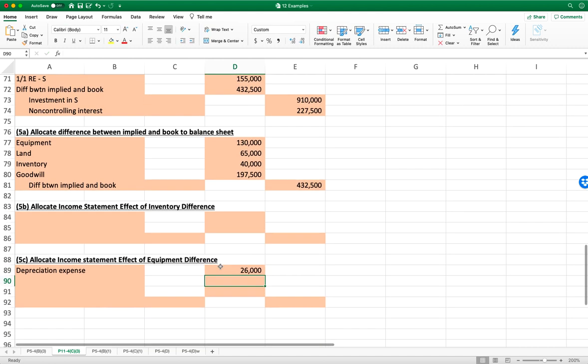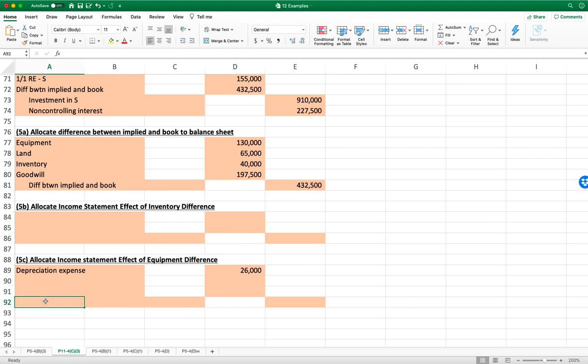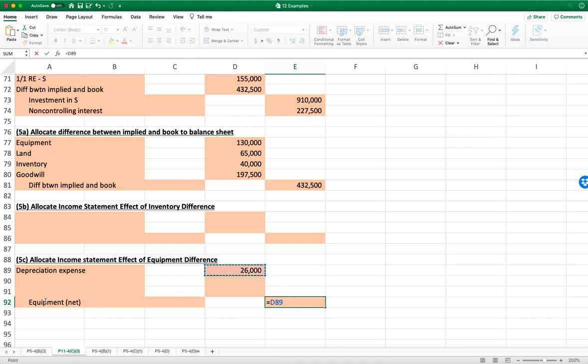But we also have some depreciation expense that happened last year. And so we need to figure out what to do with that amount. So overall, we've decreased our equipment by 2 years worth of depreciation expense, this year and last year. Last year's is going to get split between two accounts.